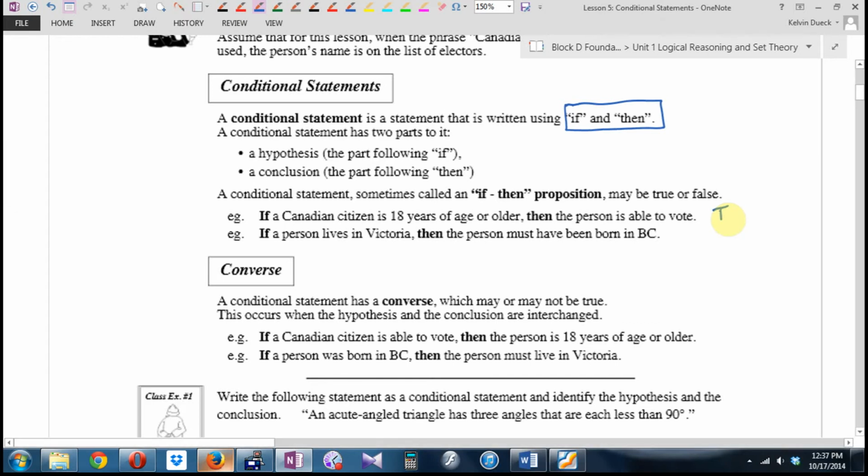True or false? False. Is it possible to have lived in Victoria and not have been born in BC? Yes. Now, proving something true, very, very difficult. Proving something false, all you need is one counterexample, and you have proved the if-then statement false.